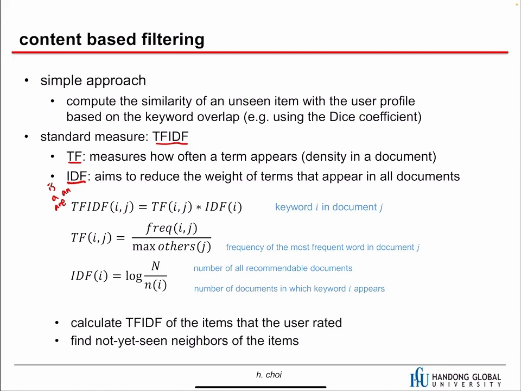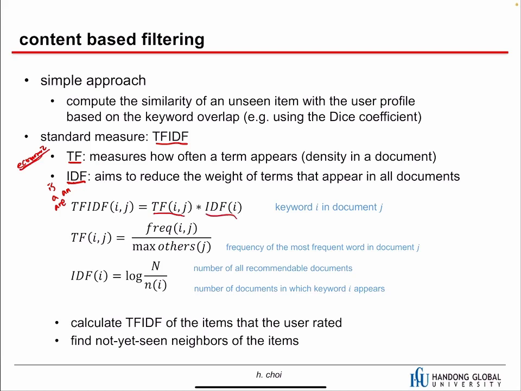But something like economics, this word appears in a specific document, right? And if this word appears a lot in a specific document, then this word is important. So we multiply this TF and IDF.